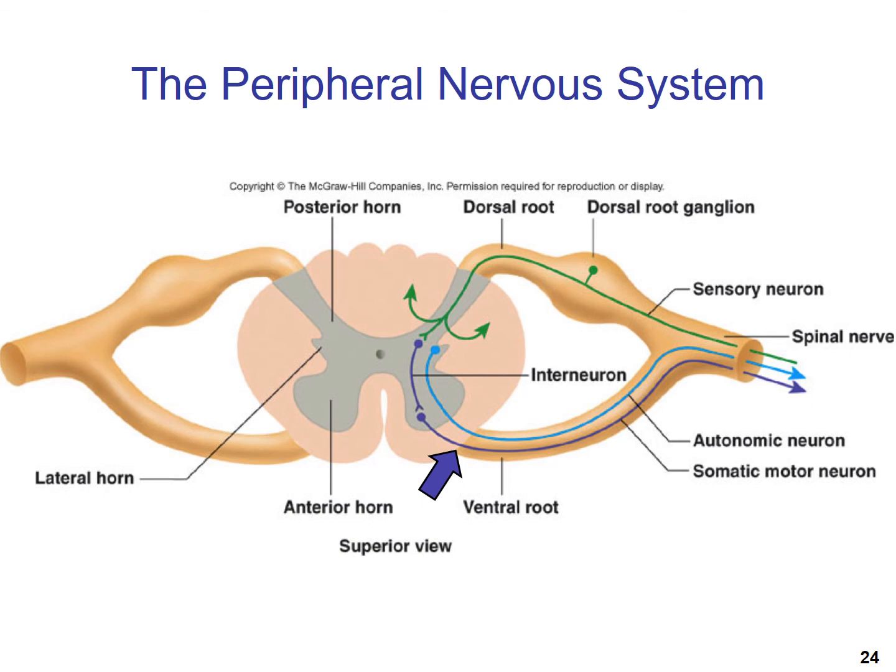The autonomic neuron is also directing movement, but it'll direct movement of things like peristalsis, or movement in the digestive tracts. So this is going to direct the action of smooth muscles and glandular tissue. So that's the ventral root.